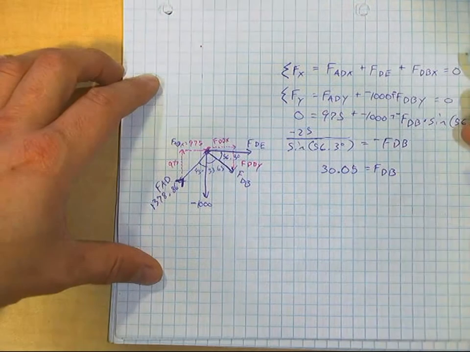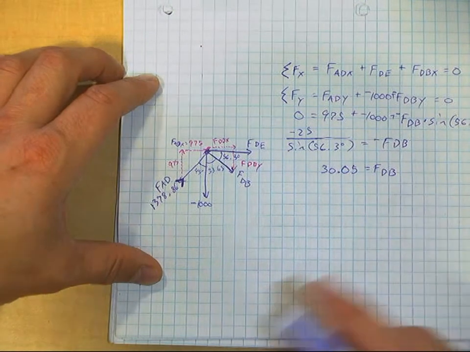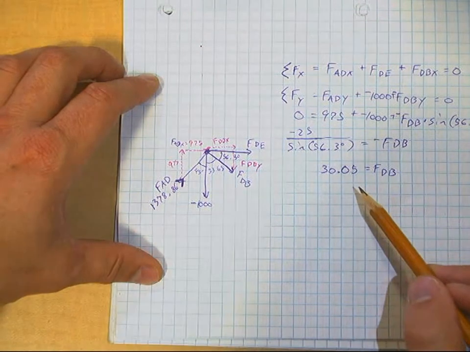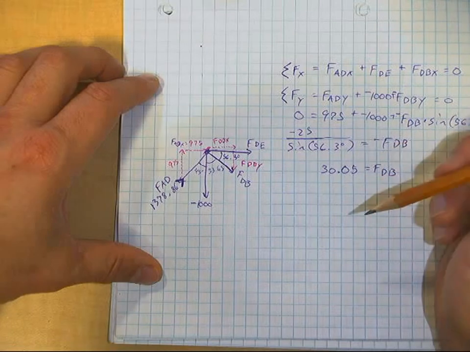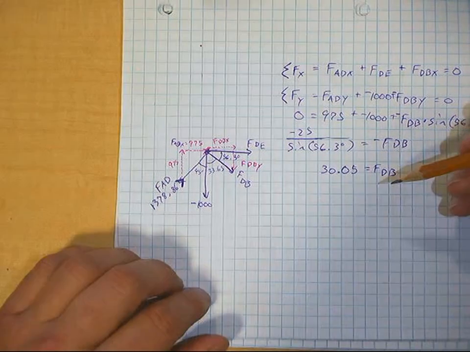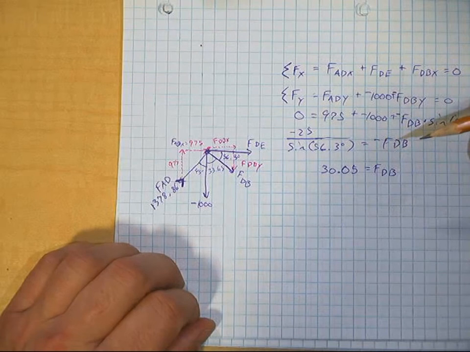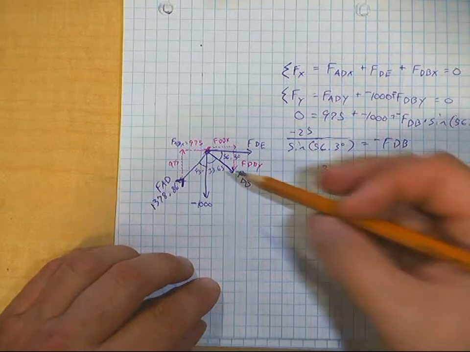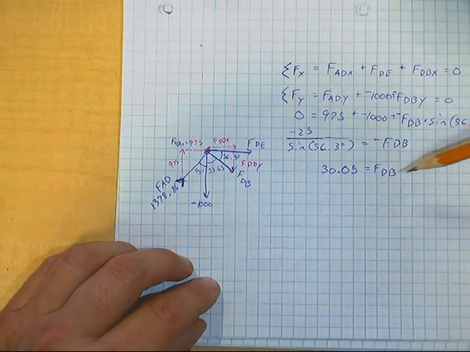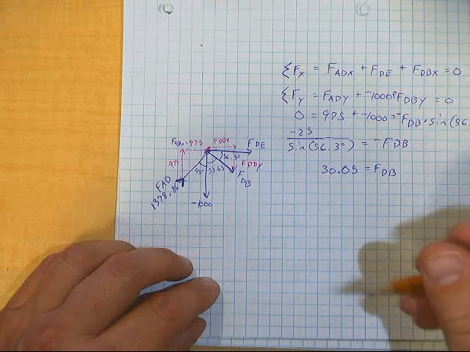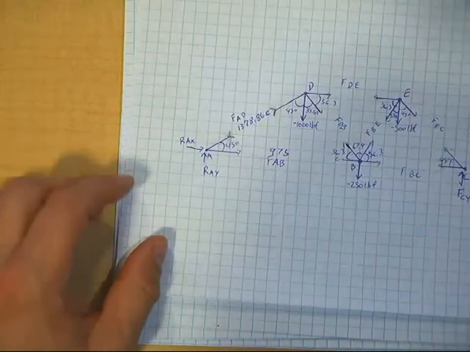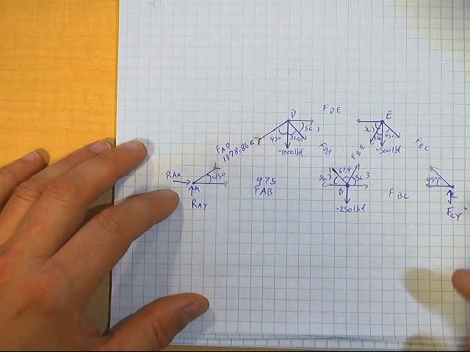Now we're going to substitute back in. This ends up being positive, so we get a positive value. If FDB is a positive value in this case, we say that it is in tension, so it stays in tension. This does not change right here.